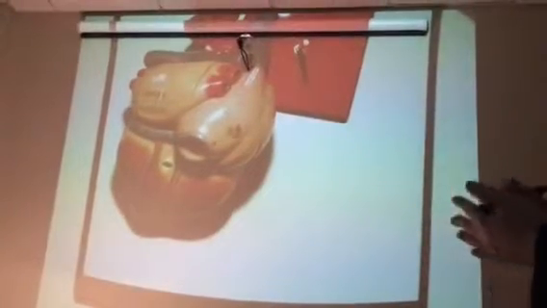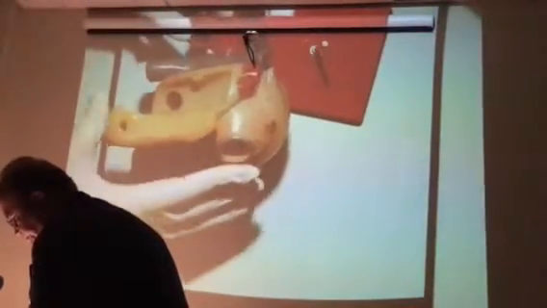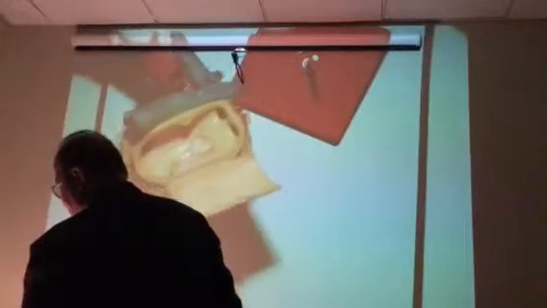So you see the four pulmonary veins entering here, and we can open the left atrium from the back in this particular model. So this is the cavity of the atrium. We see openings of the four pulmonary veins.